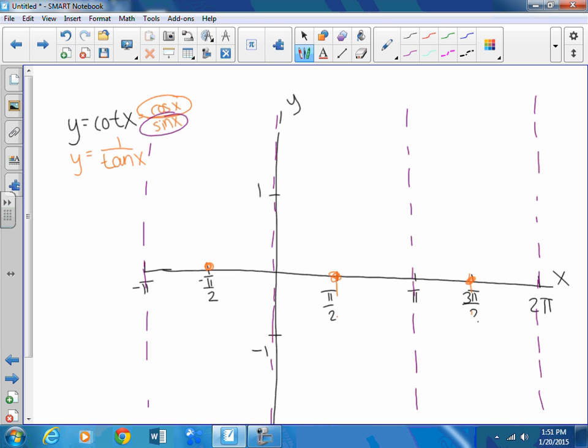And don't have this shooting up like this, because that's what tangent looks like. We're doing cotangent. So we're actually going to do the opposite. When tangent would have been shooting up there, for cotangent, we're going to shoot the opposite way. So cotangent is going to look like this.